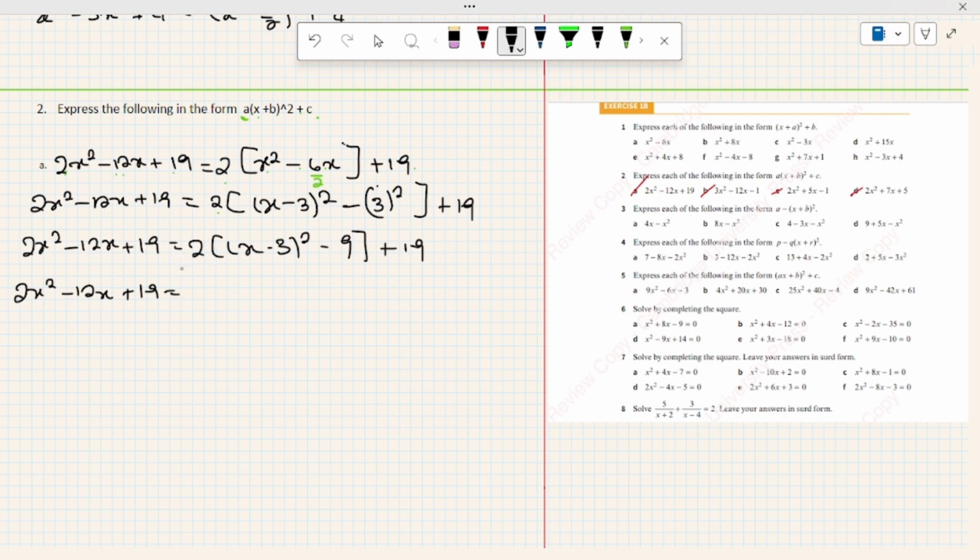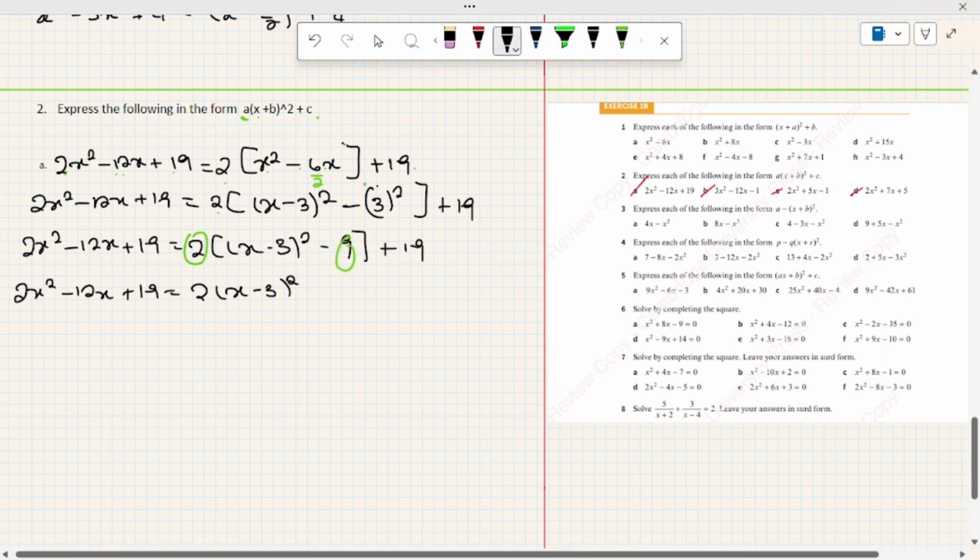Now what you're going to do, you have to multiply back now. You must multiply back this 2 so that you can get this a. So it's going to be 2 times (x minus 3) squared, 2 times minus 9. So you're going to have what? 2 times minus 9 is going to be minus 18, then plus 19.